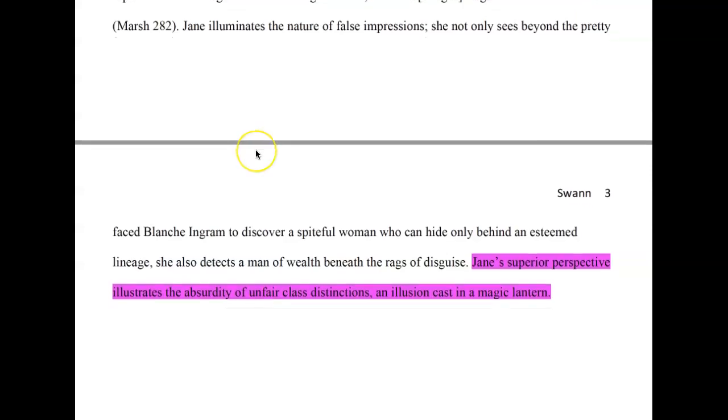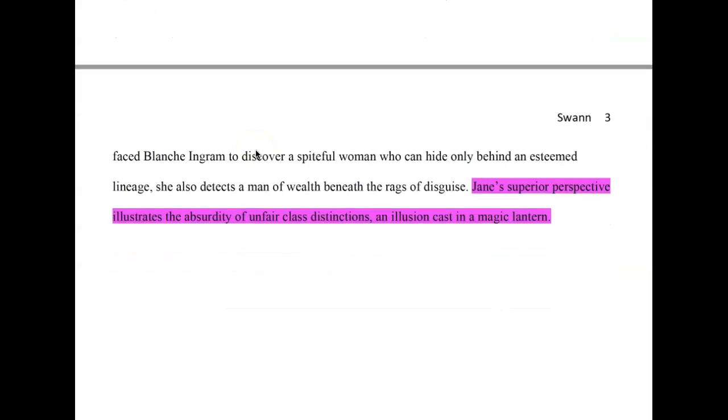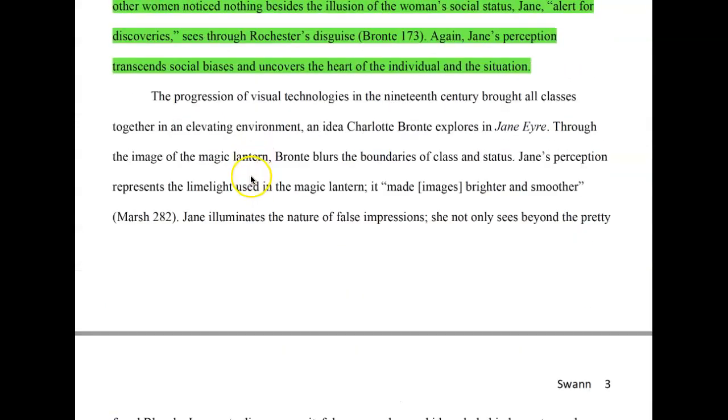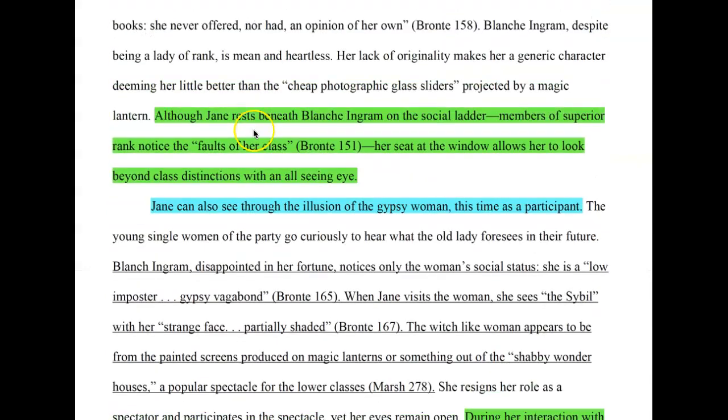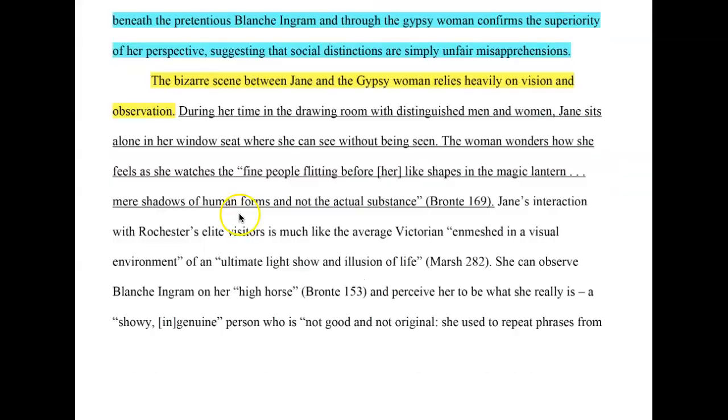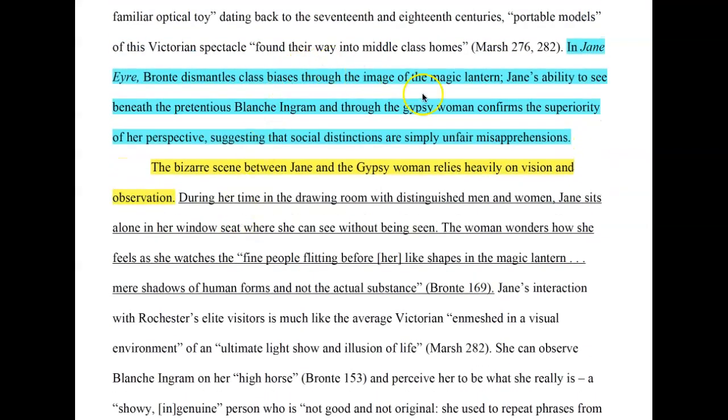But this is an example of what I mean by having a solid thesis statement where I have my topic, my stance, my literary element, and my so what, why it matters.